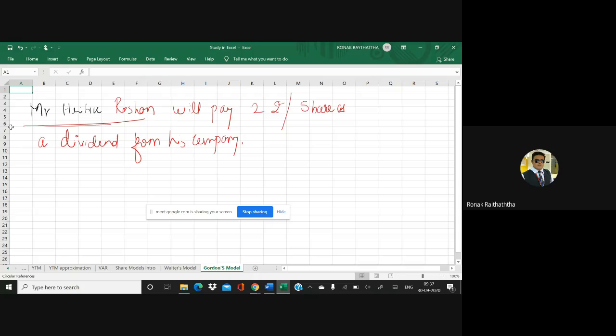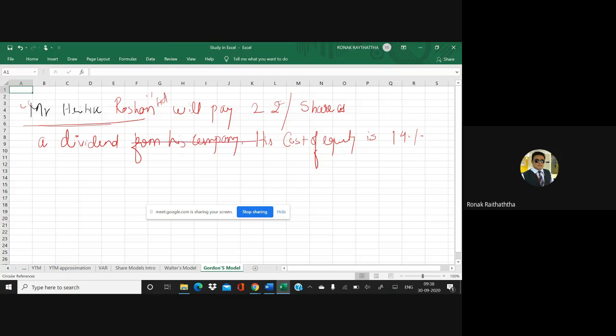Now say his cost of equity is 14 percent. And the equity shareholders in this company, let me put it as Mr. Ritik Roshan Limited, will receive 2 rupees per share as a dividend from the company.